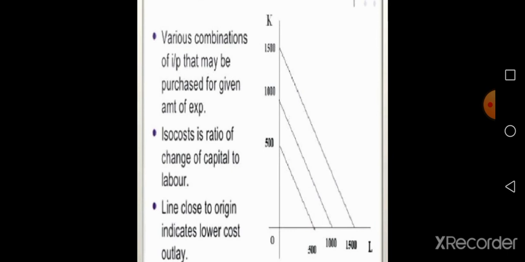This is called an isocost curve. The isocost curve forms a straight line, and the line which is close to the origin indicates lower cost of production. So this is the isocost curve.